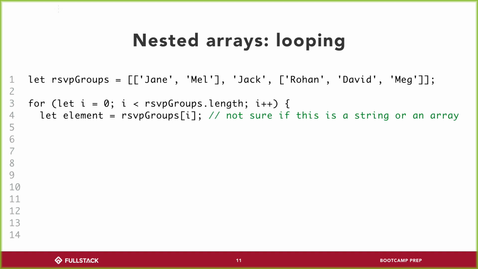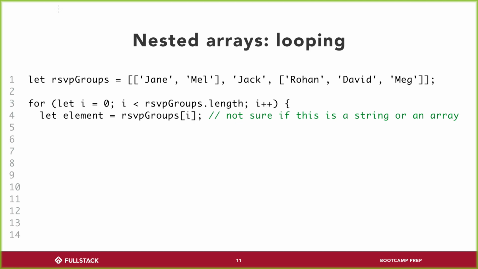So this is where we'll figure out about nested loops. In this case there are only 2 levels, so there can only be a nested array. That array can't also have another nested array.